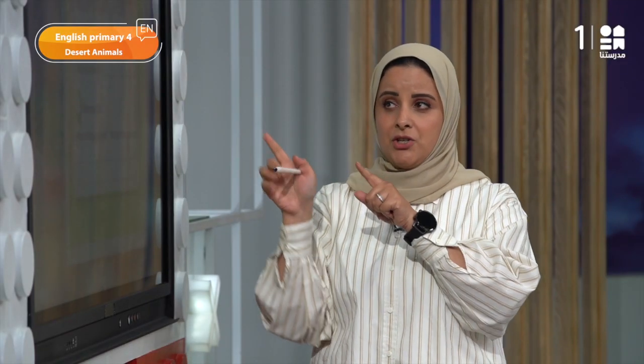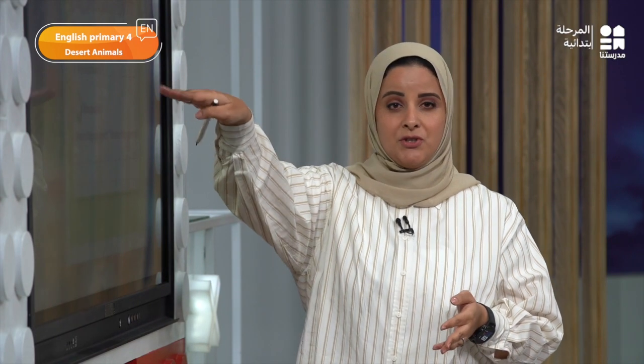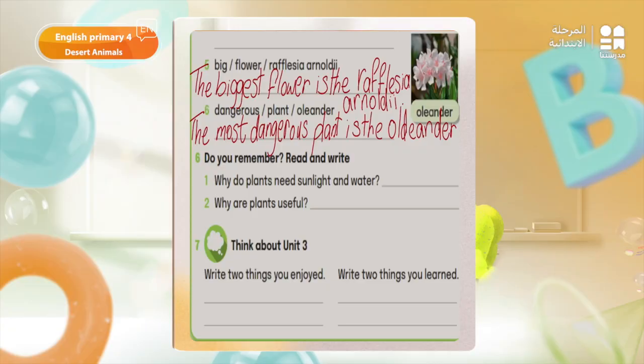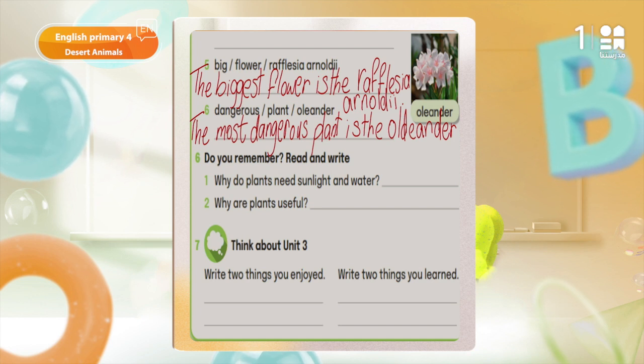Now let's answer exercise 6. Do you remember? Let's read and write. Let's read the two questions. Question number 1. Why do plants need sunlight and water? One more time. Why do plants need sunlight and water? The answer is very good. To make food, or what we call the photosynthesis.